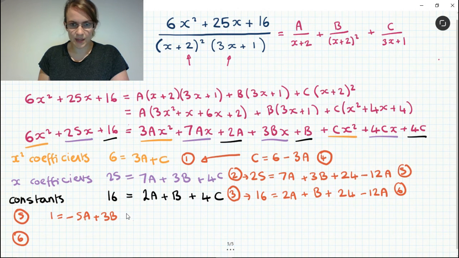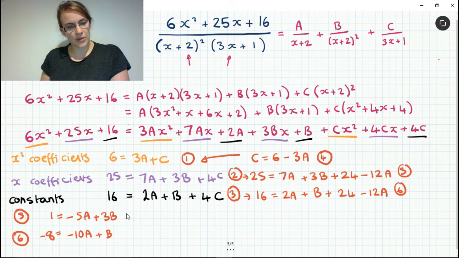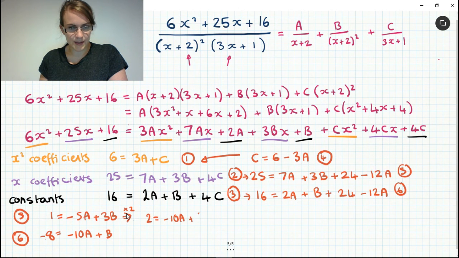And then from equation 6, if I simplify it down, I get 16 equals 2a minus 12a, so minus 10a, plus b, and again plus 24, which I'm going to take away from both sides, so minus 8. So I'm going to use the method of elimination by multiplying my top equation through by 2. So I get 2 equals minus 10a plus 6b, and I'm just going to rewrite out this equation. I haven't changed it, I'm just going to rewrite it out underneath. So minus 10a plus b.